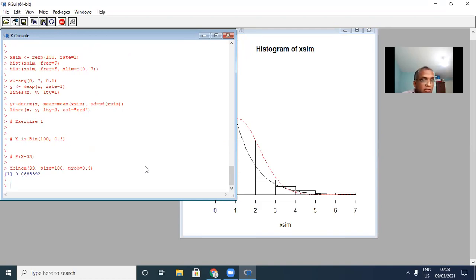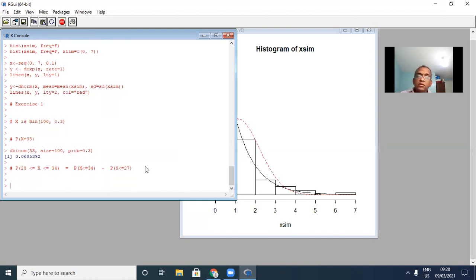Okay. All right, the next part is asking you to find the probability that x is between 28 and 34. Now to do this, because x is a discrete variable in this case, you have to write this like this, right? Remember, x can only take integer values.